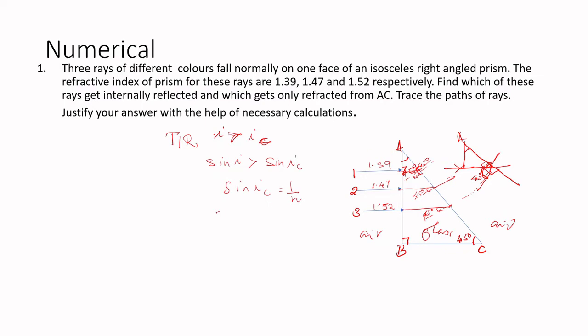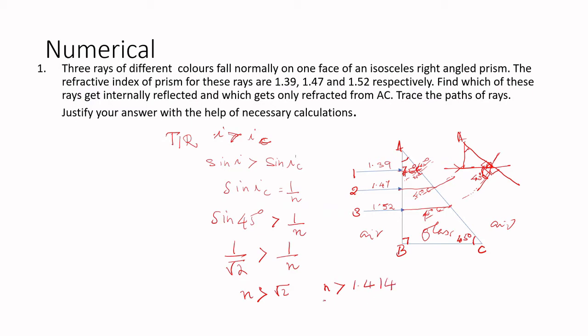So sin I over here is sin 45 for all the rays, and it should be greater than sin IC, that is 1 by n. What is sin 45? 1 by root 2. So 1 by root 2 must be greater than 1 by n, or we can say n must be greater than root 2. Root 2 is nothing but 1.414.